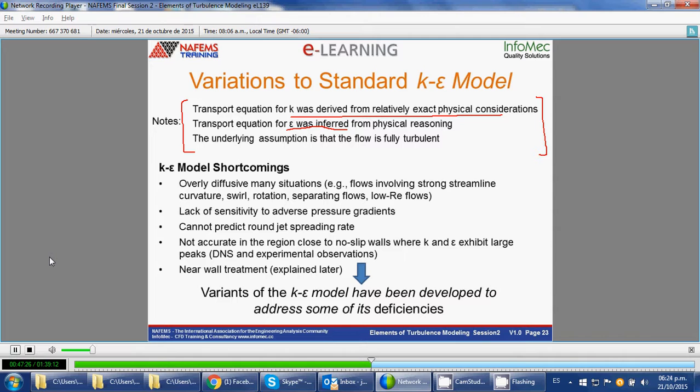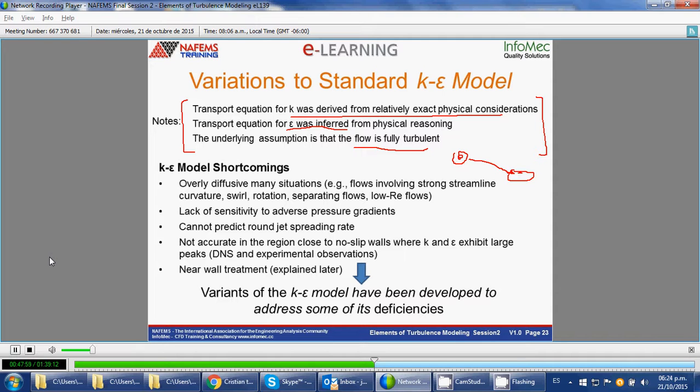We said, okay, whatever is happening at the large scale dissipation, it should happen at the smaller scale. And so we could use that as our length scale at the small scale. So we use physical reasoning, but there is no really exact relationship there. So the assumption is that the fluid is fully turbulent. This caused us problems.